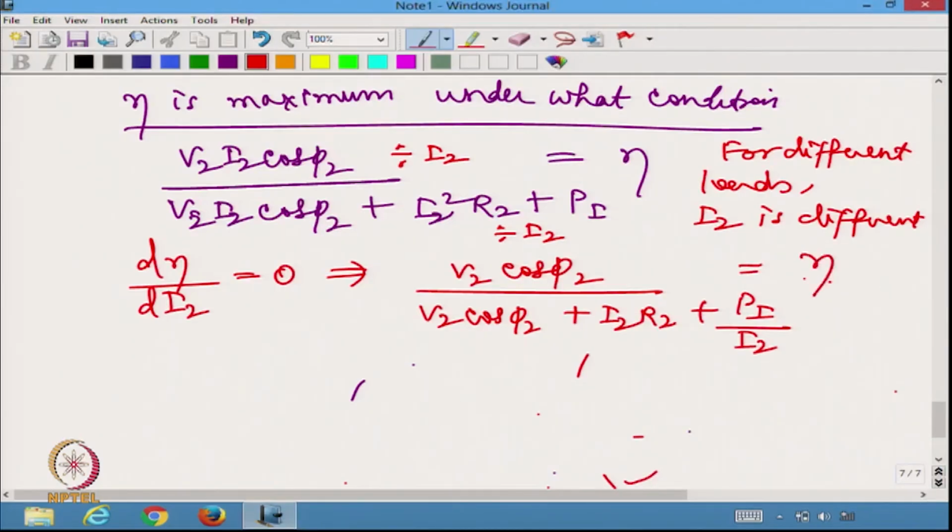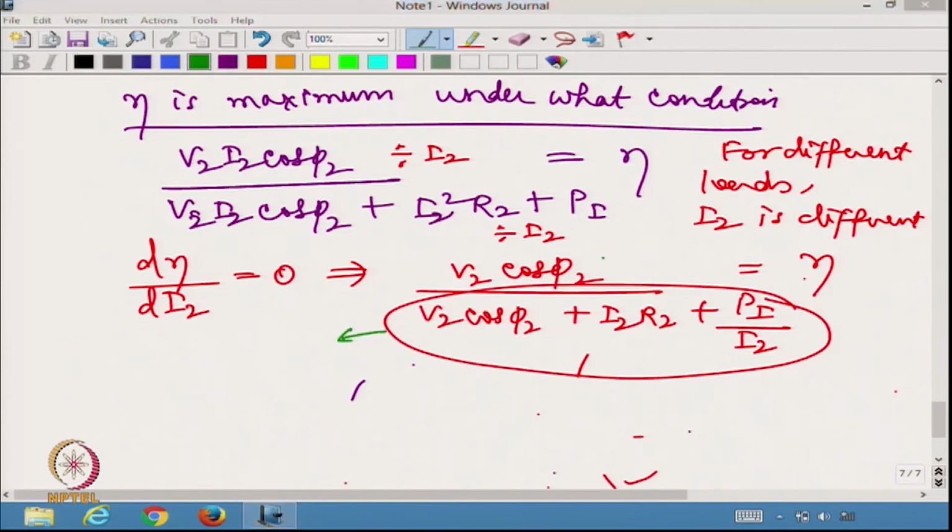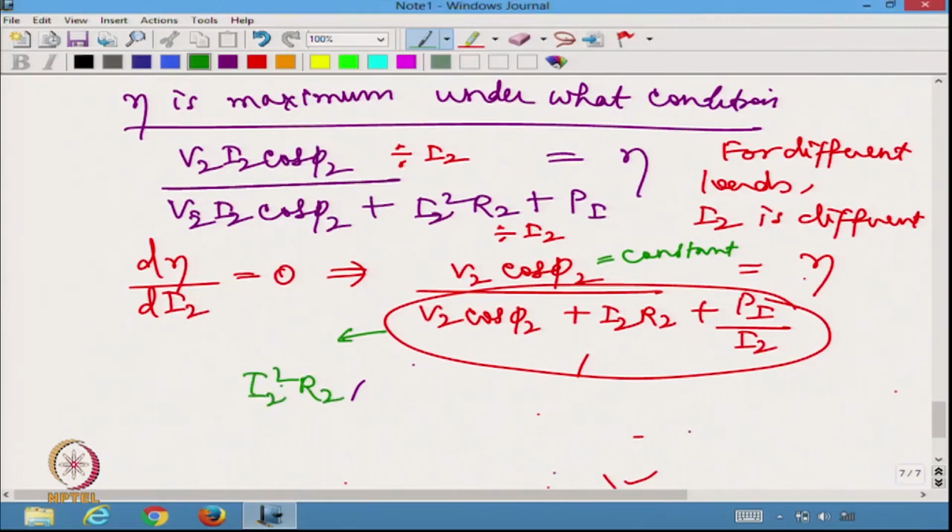This is what is equal to the efficiency. When I differentiate this, I will have to differentiate only the denominator, nothing else. If I differentiate this, that is sufficient because this looks like a constant. This is not going to matter. So, when I differentiate this, I would have I2 square R2 plus Pi differentiated with respect to I2.